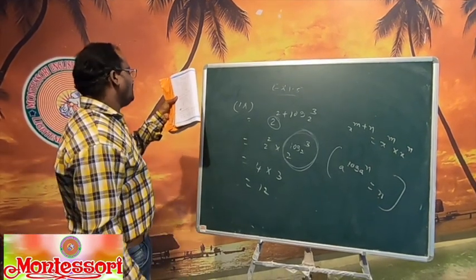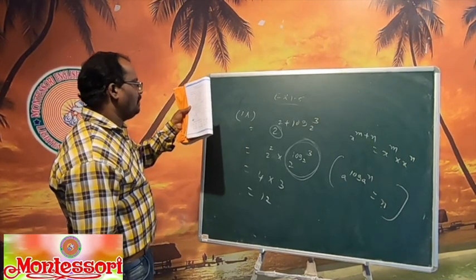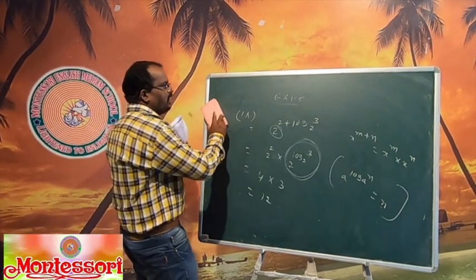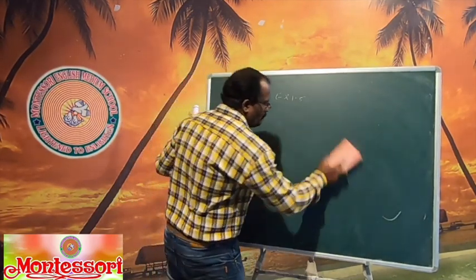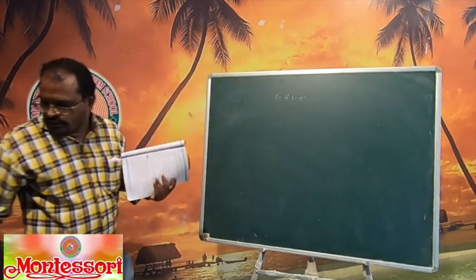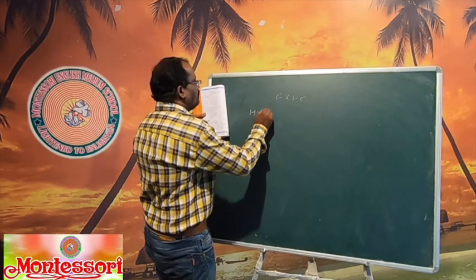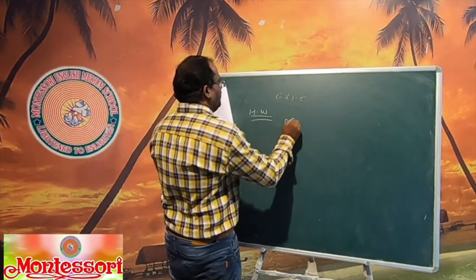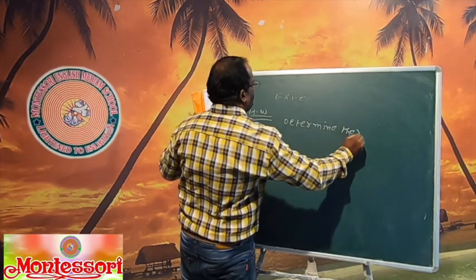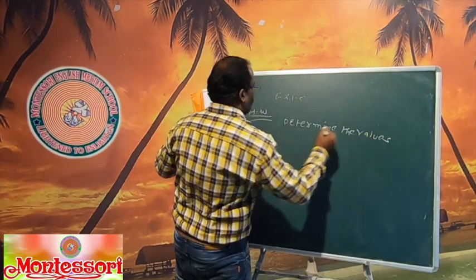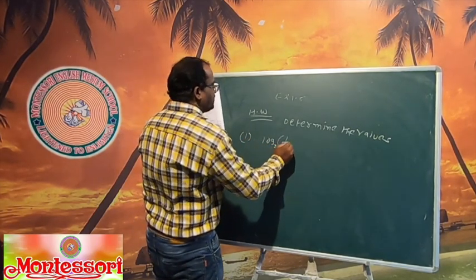Some questions in exercise 1.5, first question. I said some questions are left. The remaining questions I am giving you here as homework. You do them. Homework questions: determine the values. Question number 1: log 2 1 by 60.